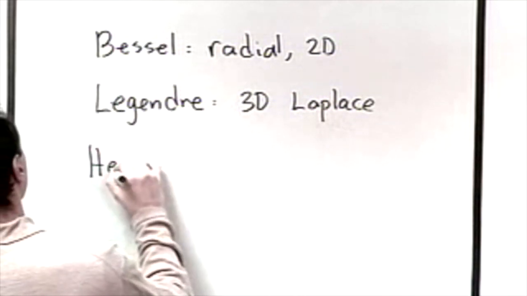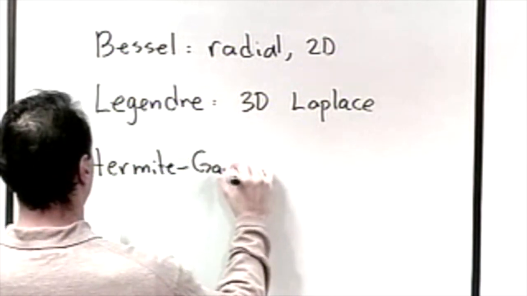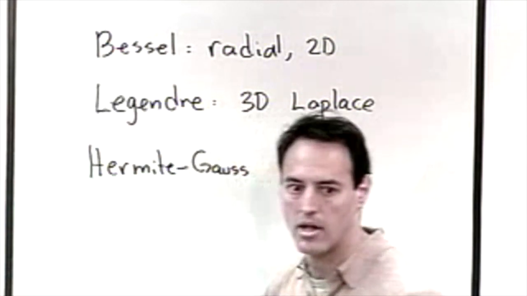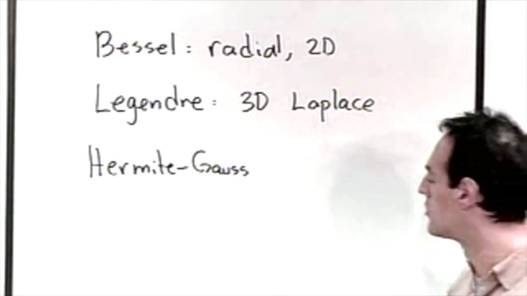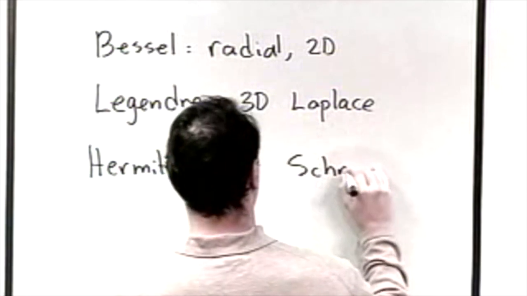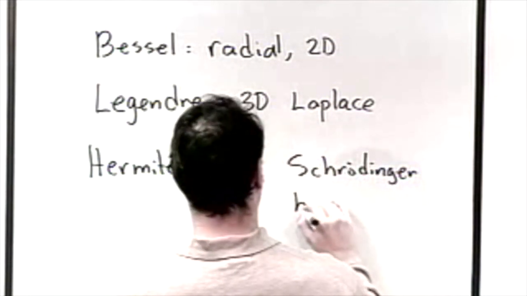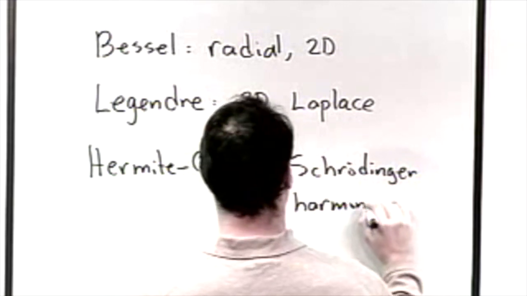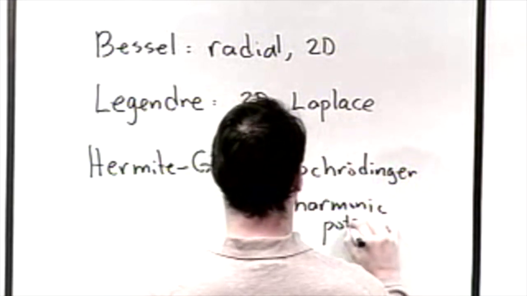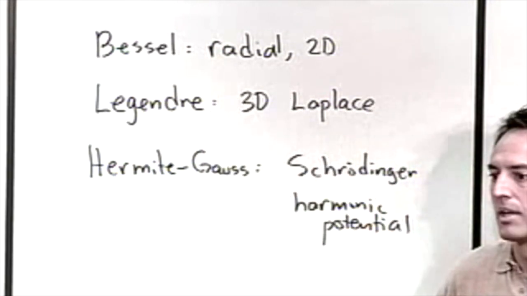These are kind of the more famous ones that I wanted to point out. Hermite-Gauss polynomials. Well, Hermite-Gauss comes up in the Schrödinger equation with a harmonic potential. This is one of the classic problems of quantum mechanics.